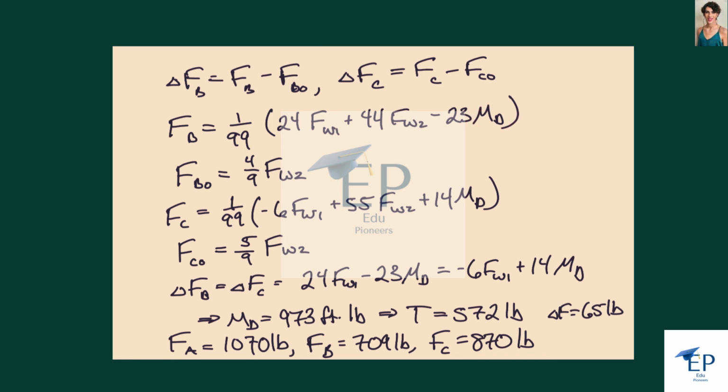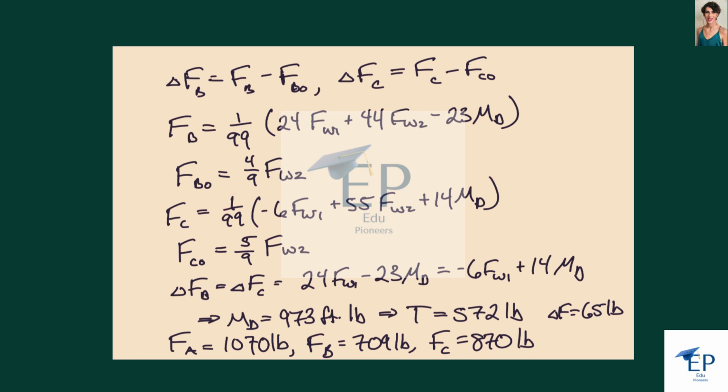And then we know FB naught is when the trailer is gone. And so when the trailer is gone, FW1 is gone and MD is gone. So we just get this term. So the change in force on B is just this and this. And then on C, these are the front tires of the truck.